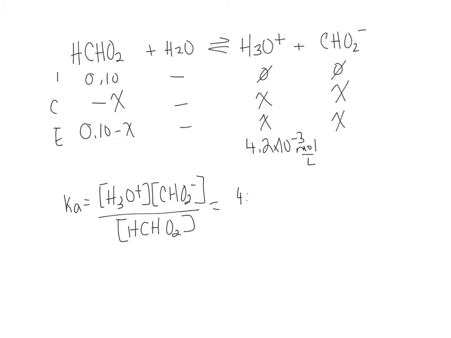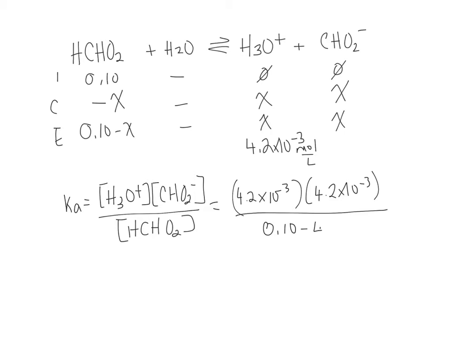So 4.2 times 10 to the negative 3, times this is also 4.2 times 10 to the negative 3, all over 0.1 minus 4.2 times 10 to the negative 3.